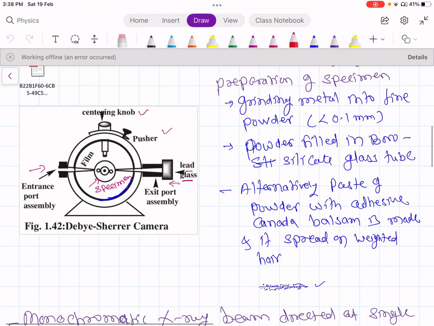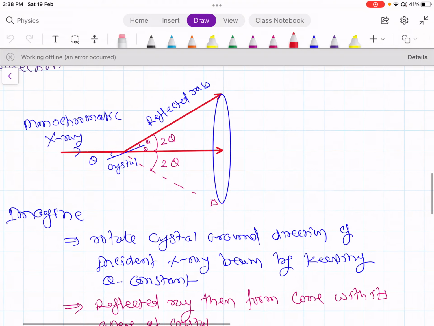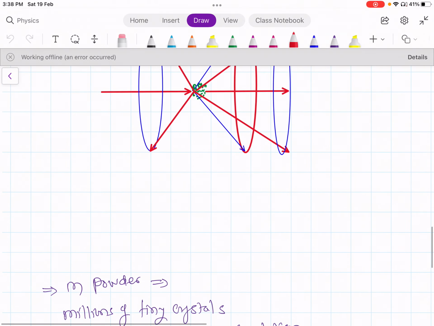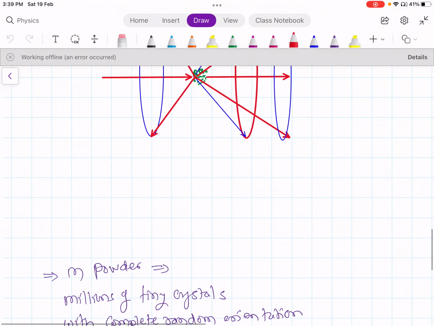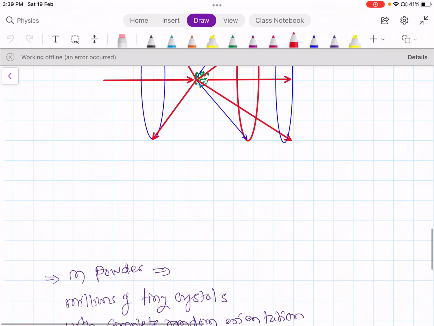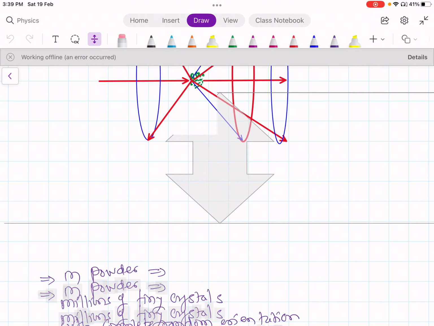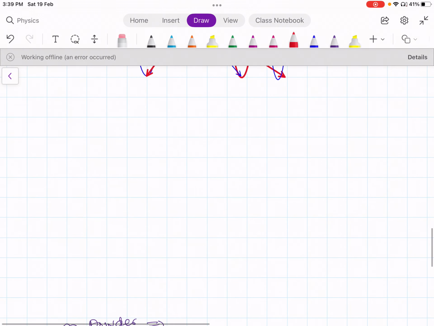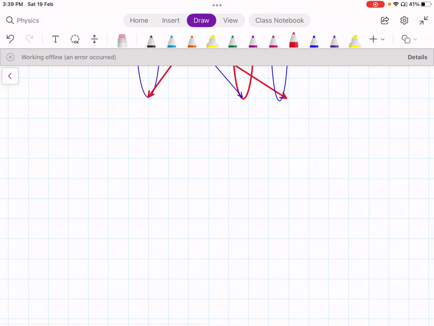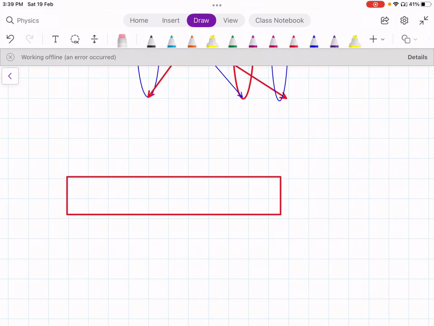Then we have to remove this X-ray film, develop that X-ray film and then fix it, and we will get a film like this.